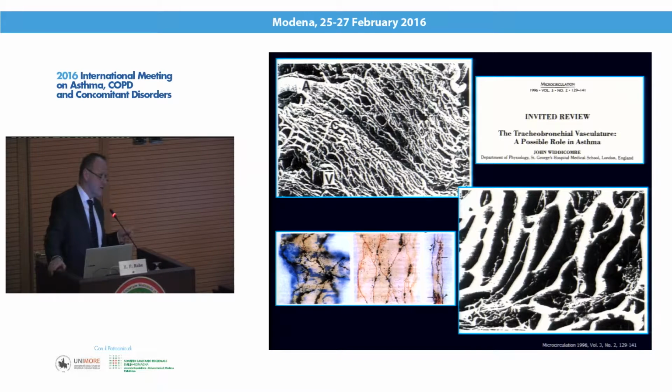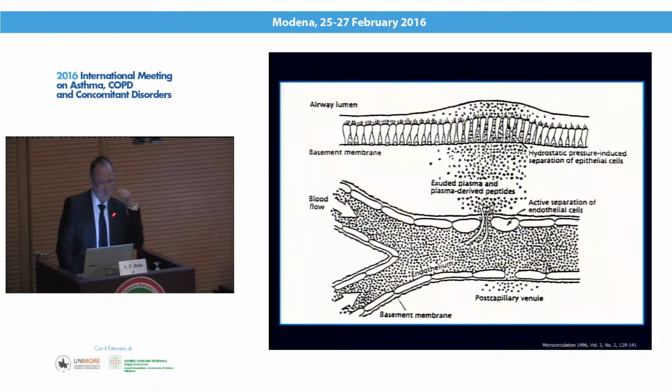The lung by itself is the largest vascular bed in the human organ system. So the likelihood that this contributes to pathophysiology is very likely, and therefore it is even harder to understand why it is so relatively unexplored, and why people haven't addressed this as a therapeutic target and in pathophysiology in a large sense.